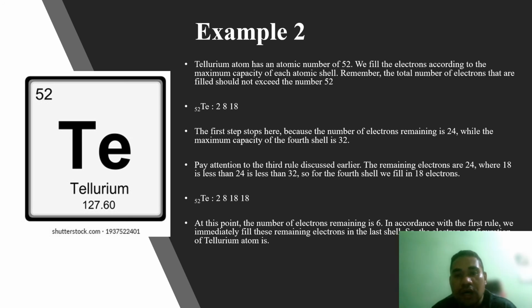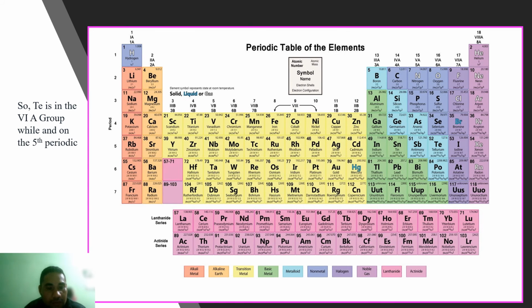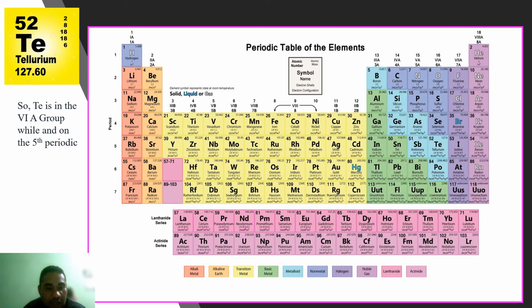So, the electron configuration of the tellurium atom is K 2, L 8, M 18, N 18, O 6. It is in the 6A group and on the fifth period.